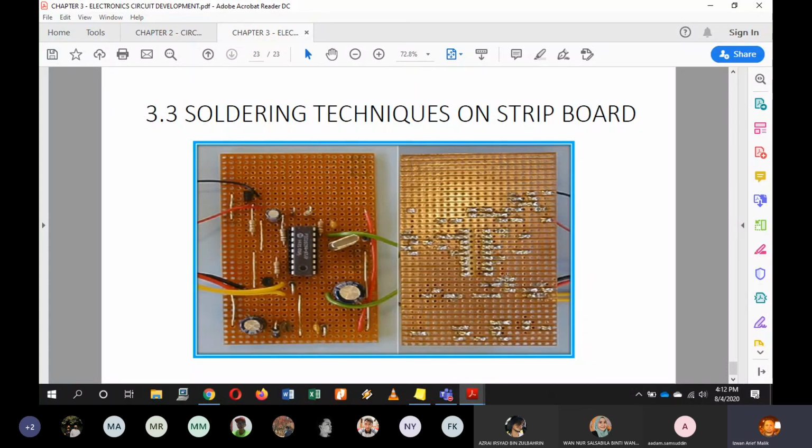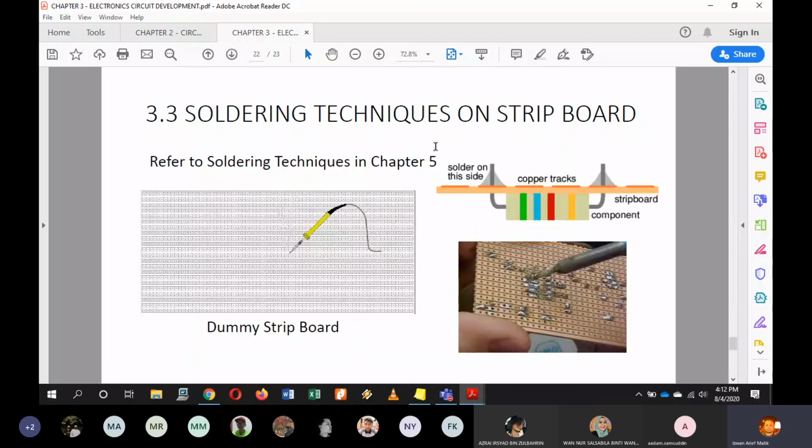So, it takes time for you to master the soldering techniques lah, because you need practice to make sure that it is perfect lah, perfect size, no crossover, tak terconnected dengan line lain and everything. So we will go into chapter 5 on this soldering technique later lah.